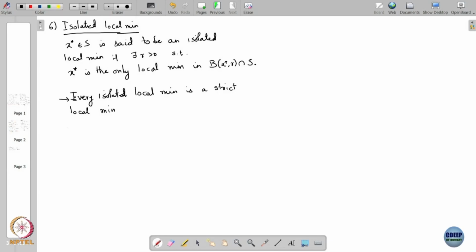Why is this the case? Let x star be an isolated local minimum, and suppose x star is not a strict local minimum.